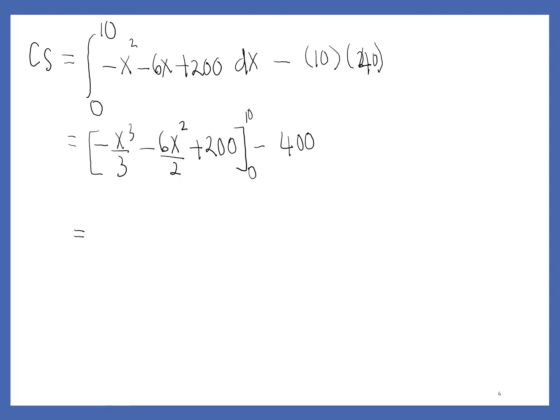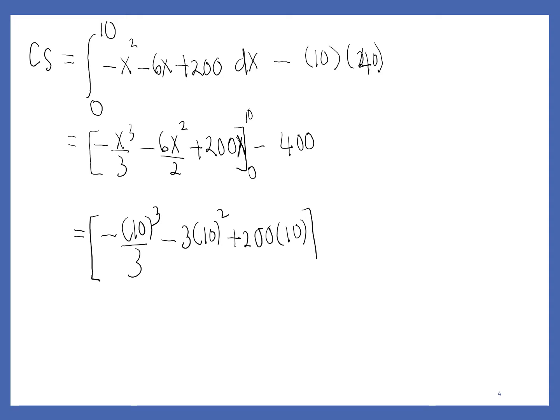So now we substitute x with 10. So, negative 10 cubed over 3 minus 3 times 10 squared plus 200 multiplied by 10, minus 400.